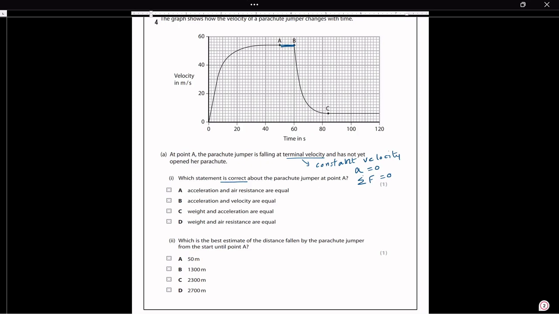So net force is zero means, as we know in all parachute or skydivers jumping, finally at some stage the weight of the body downward becomes equal to the air resistance upward. These two forces become equal. This is weight and this one is air resistance.